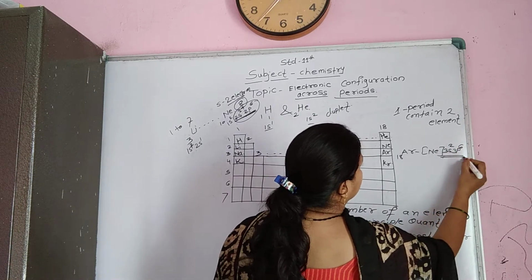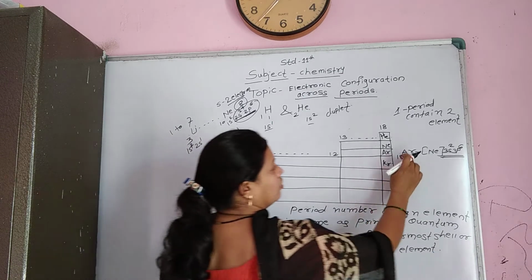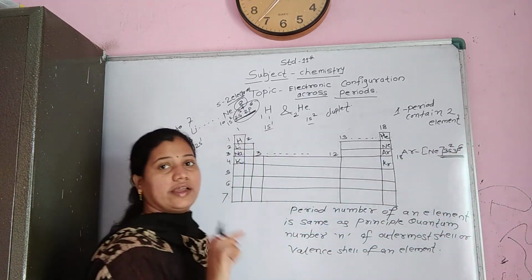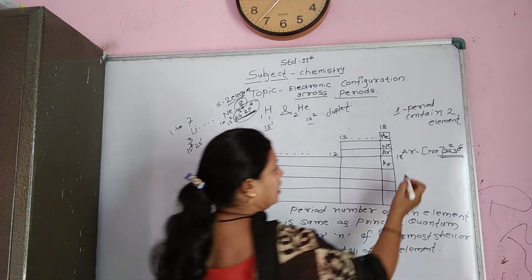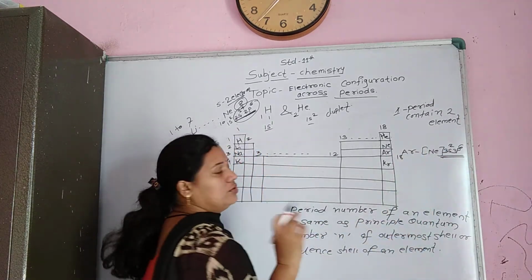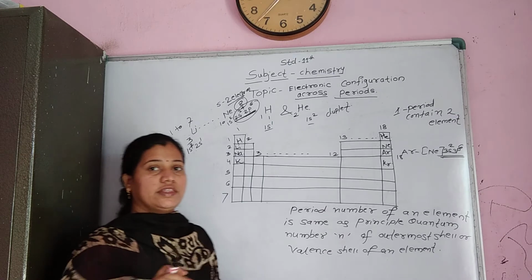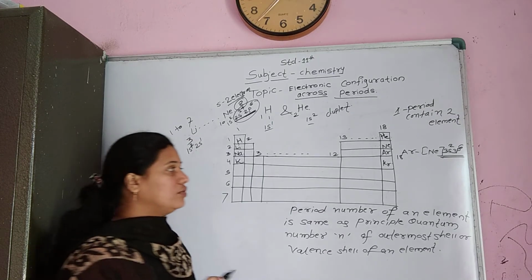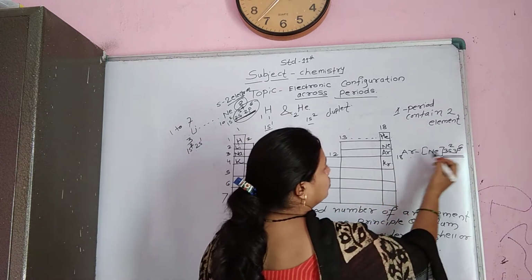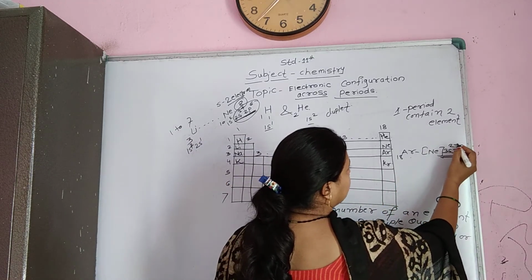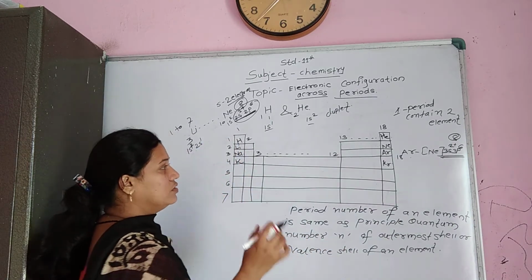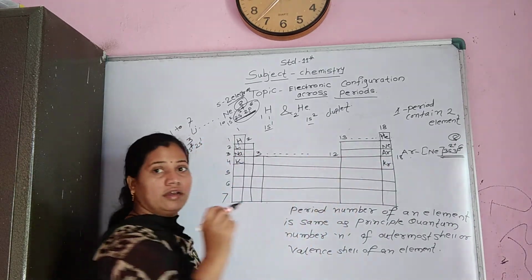The valence shell of argon contains a total of 8 electrons, and argon also has a complete octet, as we know that every period ends with an element having a complete octet or complete electronic configuration. So argon has 6 plus 2, 8 electrons in the valence shell, and 8 elements are present in the third period.